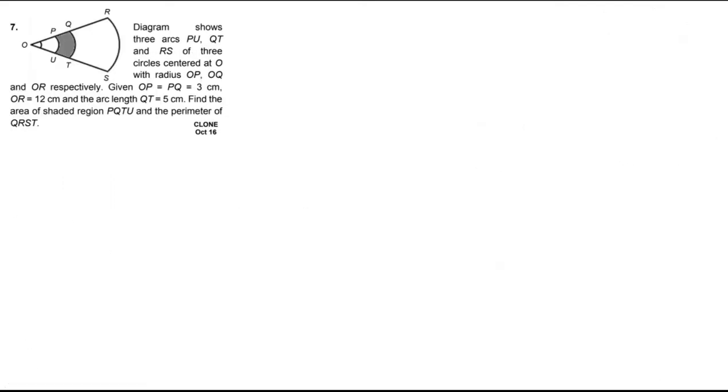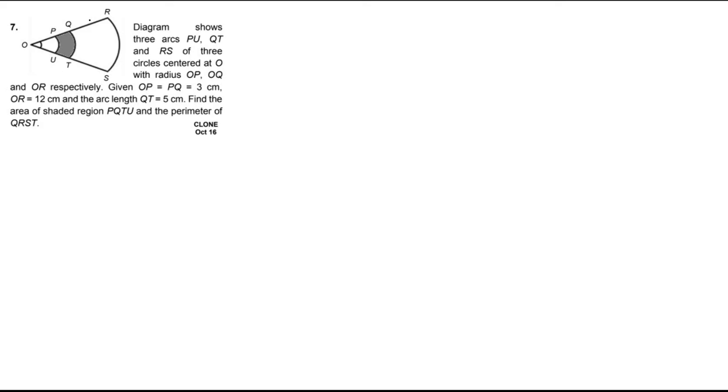Next, I would like to try some questions from homework 79. I chose first question number 7. Diagram shows 3 arcs: PU, QT and RS, of 3 circles centered at O with radius OP, OQ and OR.